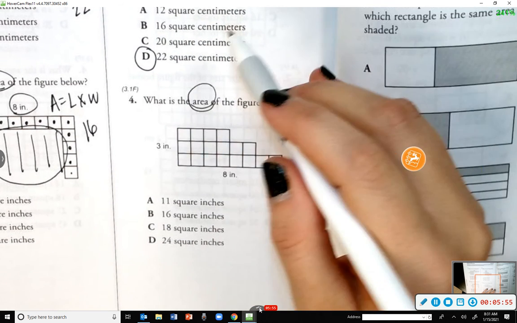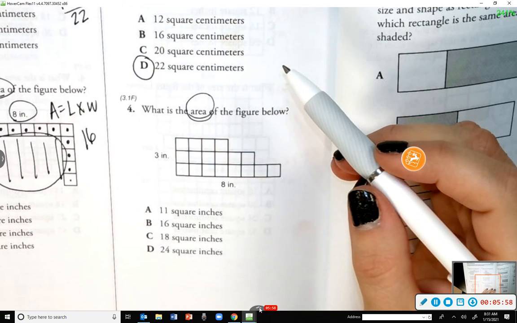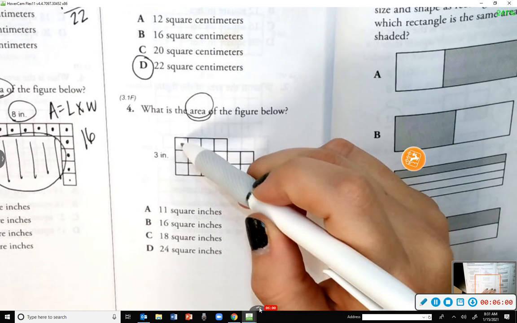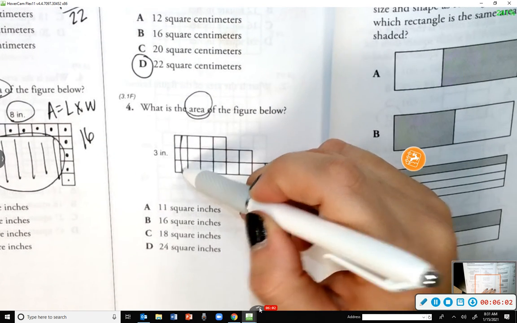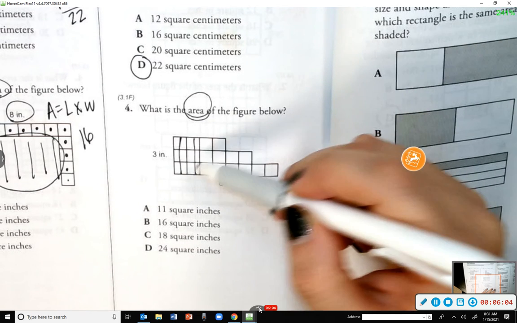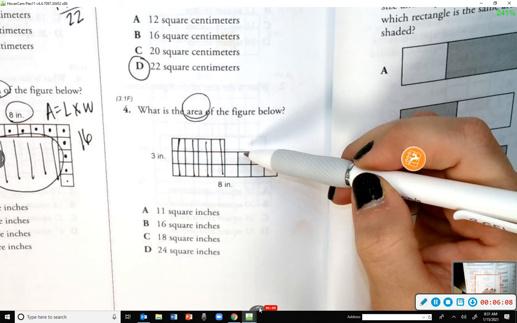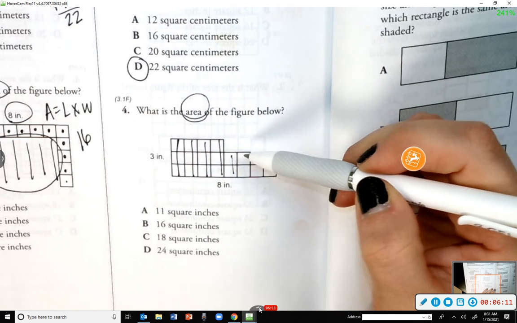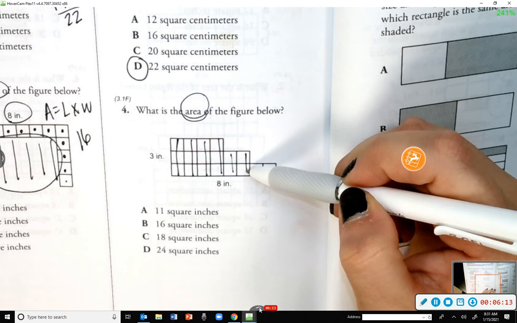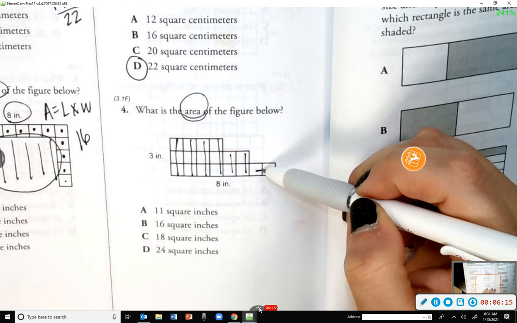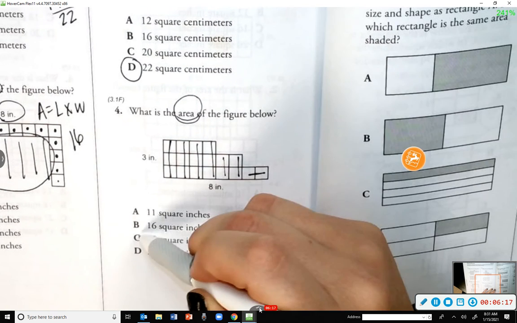Area, we're going to count the inside, not the outside. So I'm going to count by threes. 3, 6, 9, 12. Oh, now I need to count by 2. So that's 14, 16, 18. C.